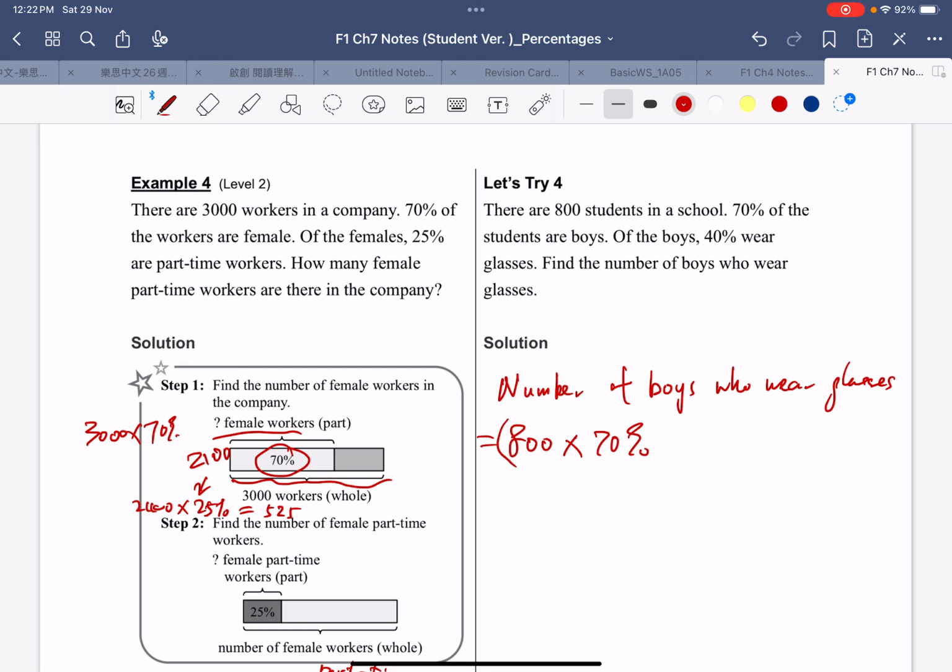And this number is the number of boys, the bracket here. And who wear glasses is 40% among all the boys. So times a further 40%. And this will give you 224. If you calculate carefully, you can find this number, right?